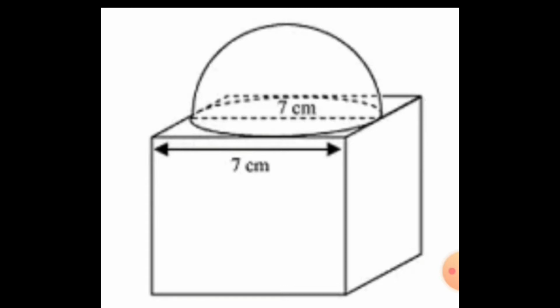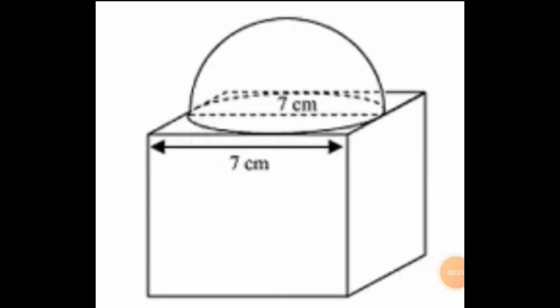So the part of the cube which is covered by the hemisphere is a circular region, where at the top of the cube this hemisphere is kept.